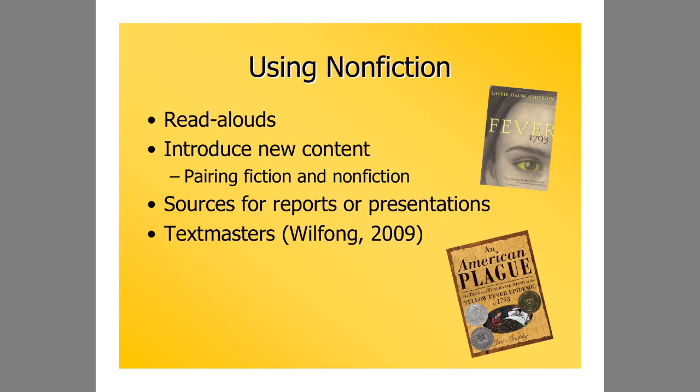So pairing An American Plague with Fever 1793 is a way of making the content of early American life a lot more accessible because the fiction choice might be easier for students to read, and it might give them the background knowledge they need to really understand the book An American Plague, which is more difficult to read.